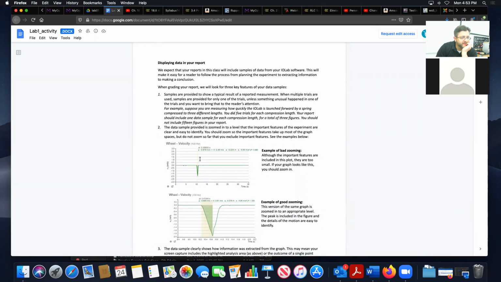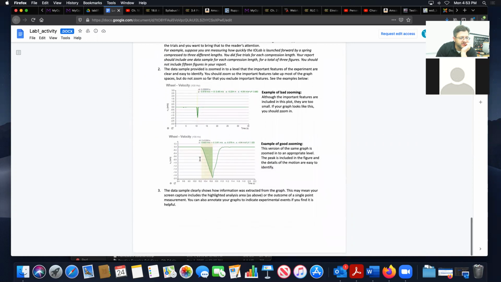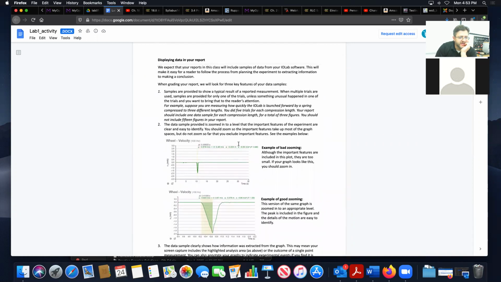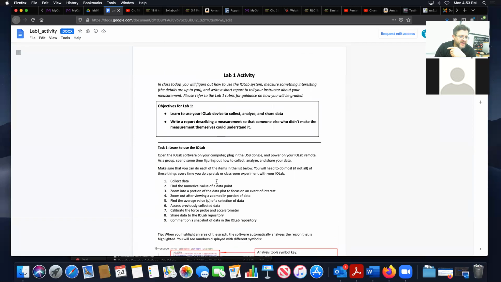It's not terribly important, the whole report idea, but they do give you an example of how to do some certain things in here. This particular lab is just taking some data with the IOLab system and learning how to use the IOLab system. It's not doing any particular science of any kind. So it's pretty straightforward.